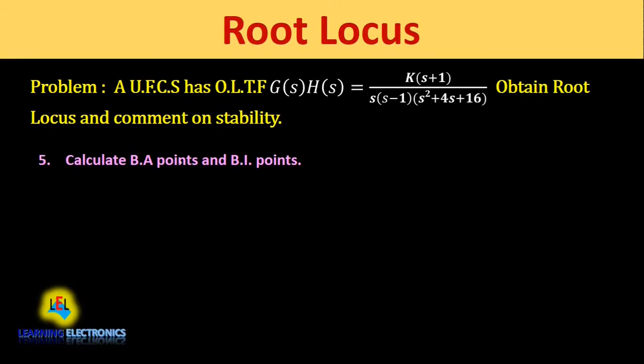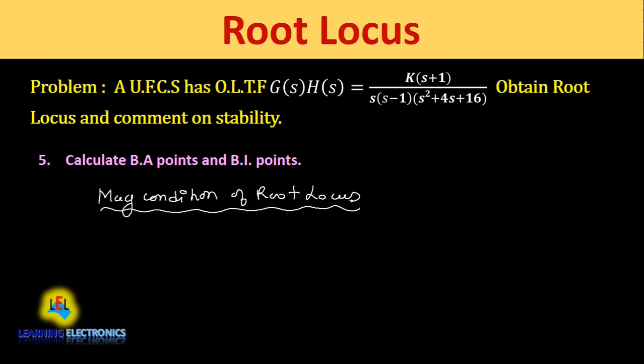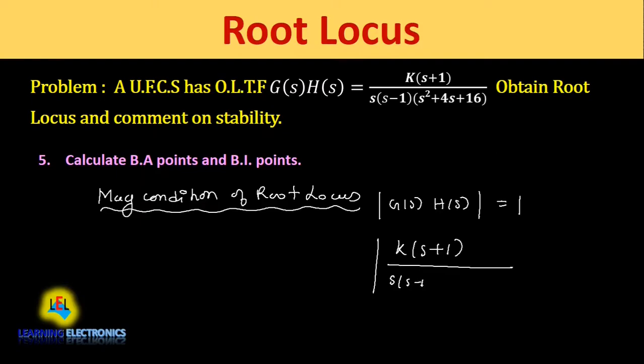Now the next step is to calculate the breakaway points and break-in points. For this we will take the magnitude condition of the root locus, which is the magnitude of G(s) H(s) is equal to 1. Now we will put the equation here. We get the magnitude of K into (s plus 1) divided by s into (s minus 1) into (s square plus 4s plus 16) is equal to 1.